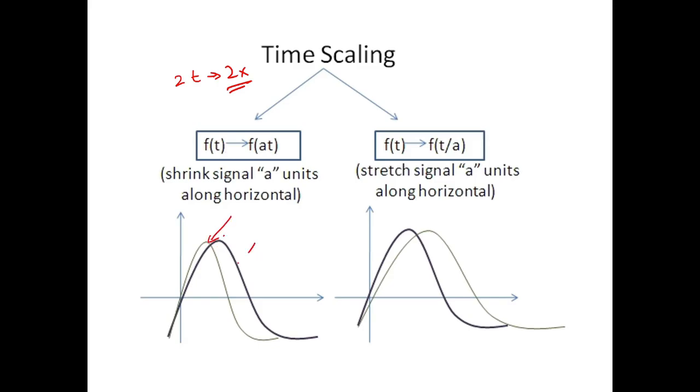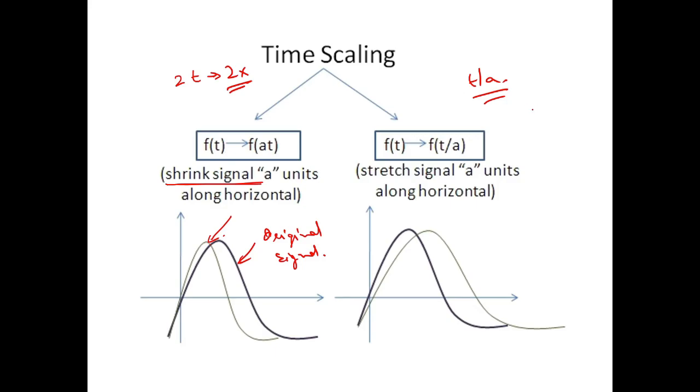If you see, this was the original signal, and this is the signal after the transformation. So it has shrunk. So it is called shrinking of the signal by a units. Okay. Whereas if you divide it, so t by a, that means you are playing at a speed of 0.5x.